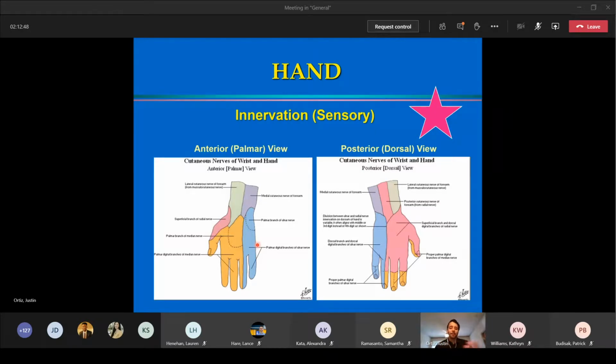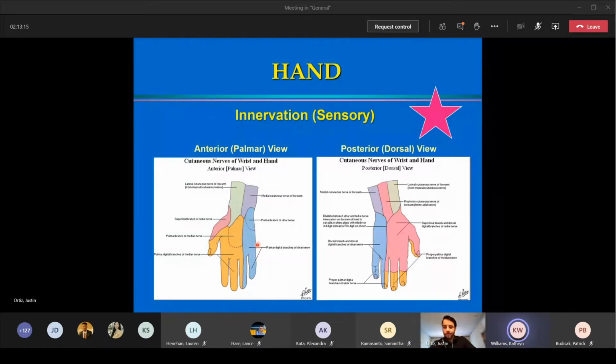If you have numbness on this part of your shoulder right here, it might be a spinal nerve injury at C7, because dermatomes only have one single spinal nerve. While peripheral nerves, for example from your brachial plexus, like your radial nerve, come from C6, C7, and C8. So they come from multiple spinal levels. That would be the difference between peripheral nerves and dermatomes. Does that help?